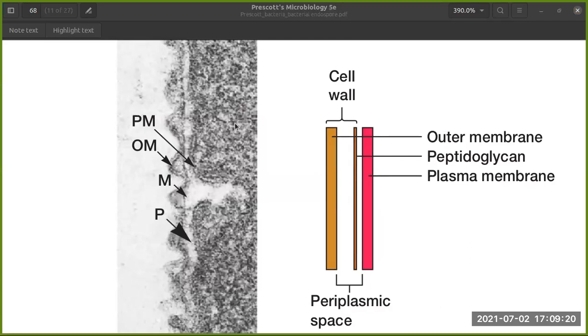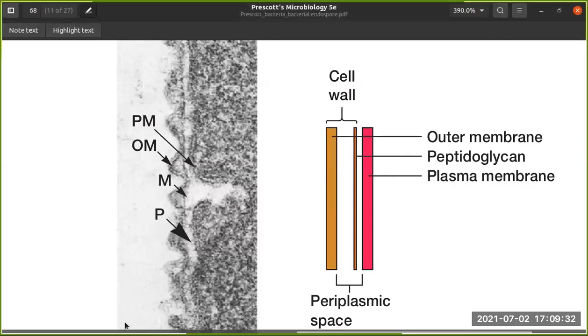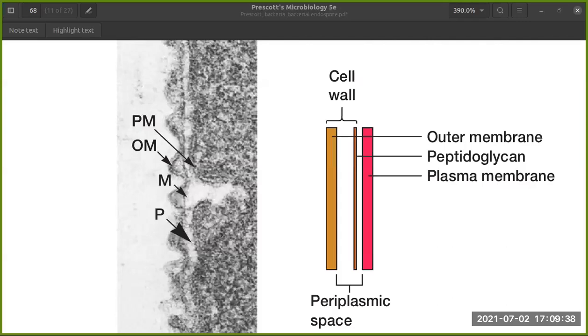Okay. So this is how it looks, and this is the cell wall. The cell wall has two layers, and in between is the periplasmic layer, and the peptidoglycan layer is very thin.